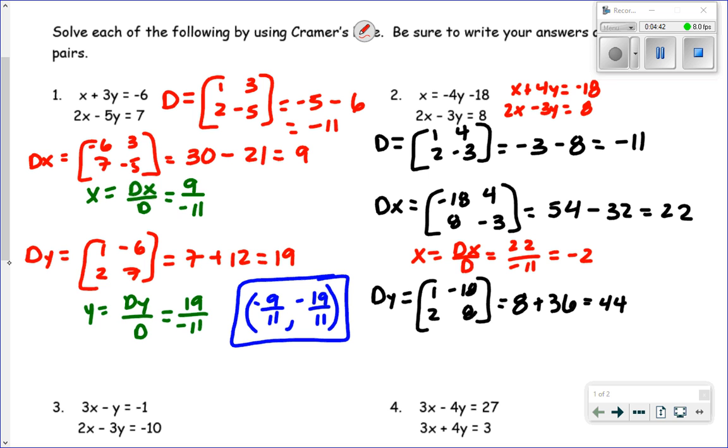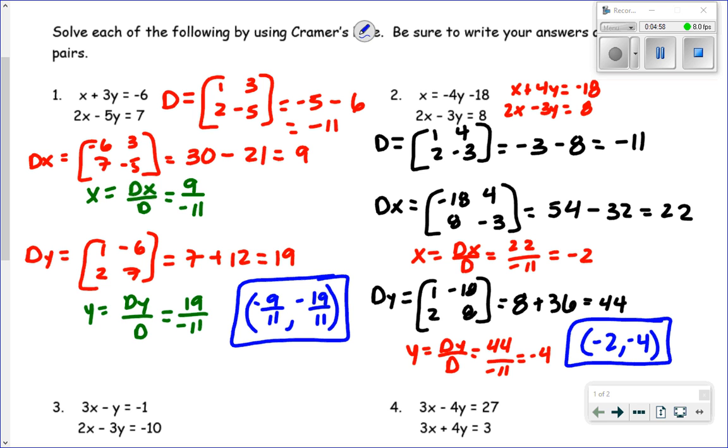So then to find y, I'm going to do dy over d, which is 44 over -11, which would reduce to be -4. And then write my answer as an ordered pair. That would be -2, comma, -4.